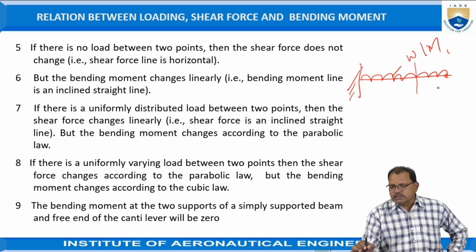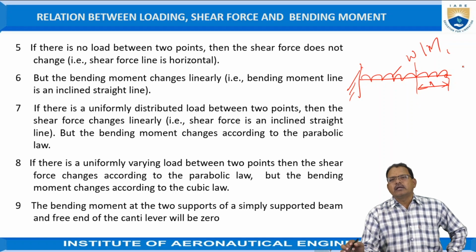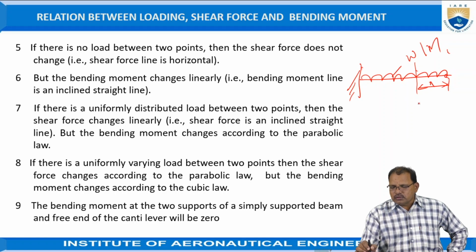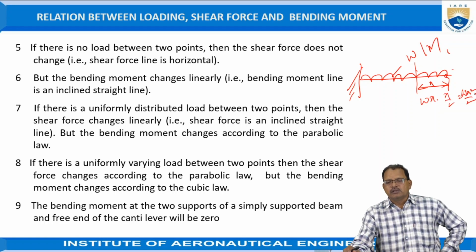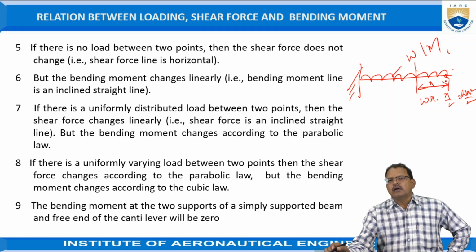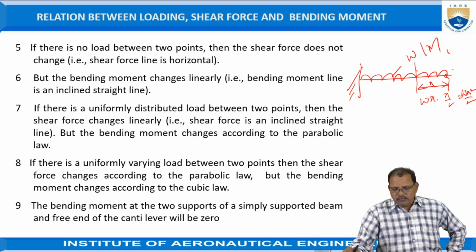At a distance of x, the bending moment is equal to the moment created by the load acting on the right hand side portion. Total load is equal to w into x, but it is acting at a distance of x by 2, in the middle. Here it is equal to wx square by 2. Again the effect is hanging, hence it is treated as a negative bending moment.